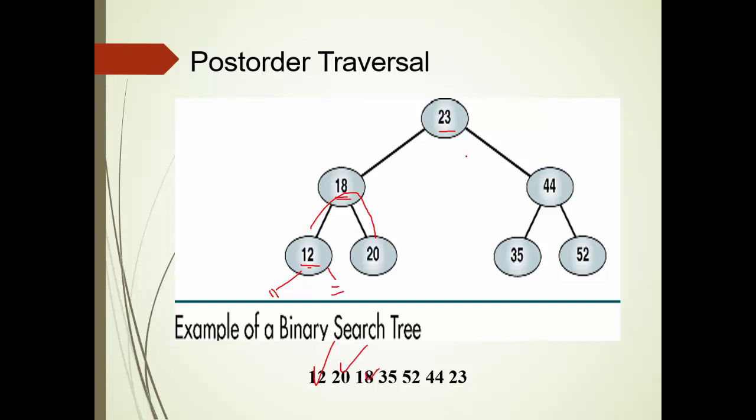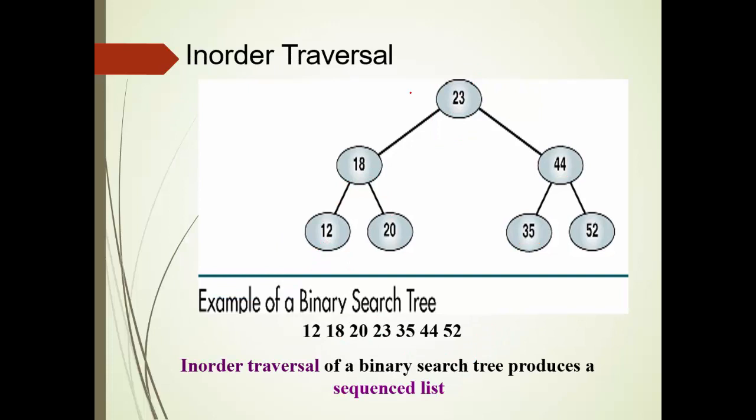Then we go to the right, where we need to go left, right, root. So we start with 35, 52, then this one. The root, or the grandparent, will come last. In order, it will be 12, 18, 20, 23, then 35, 44, then 52.